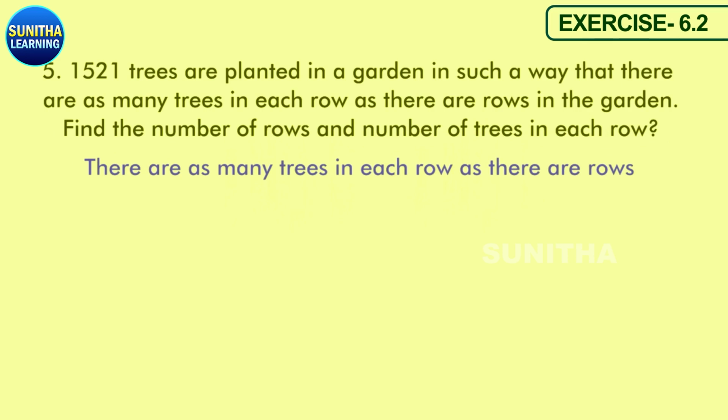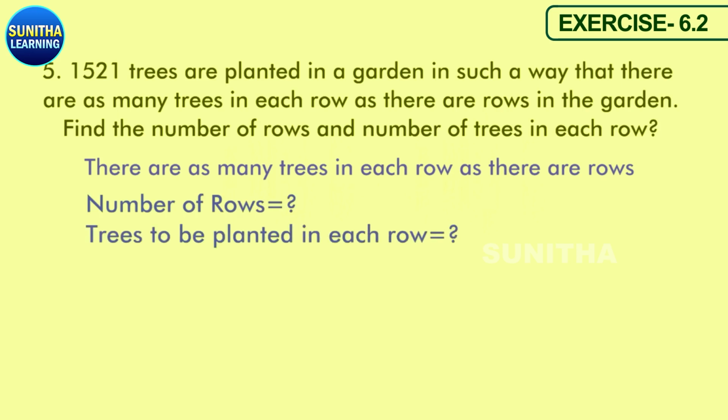Remember this thing. The total number of trees planted in the garden is 1521. We have to find how many rows there are and how many trees are planted in each row.